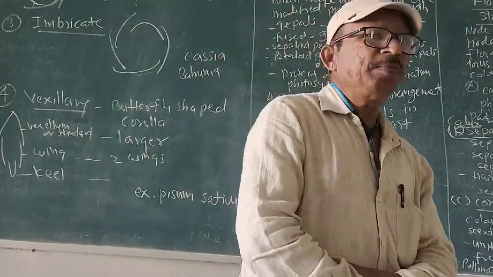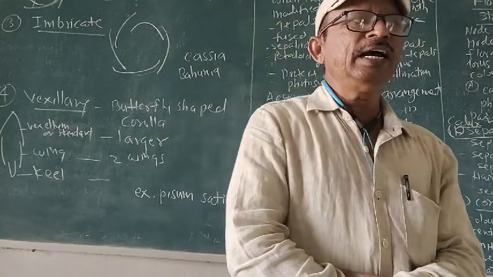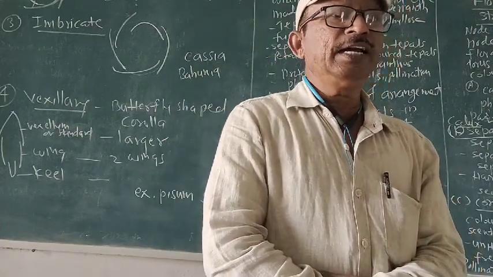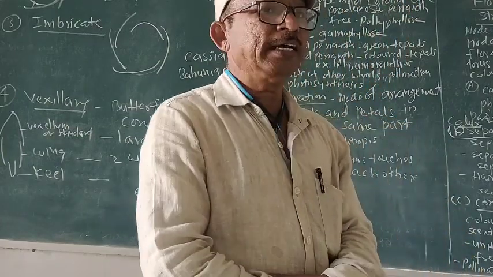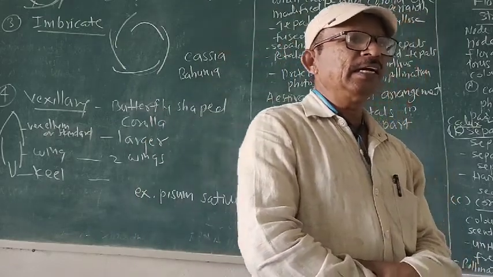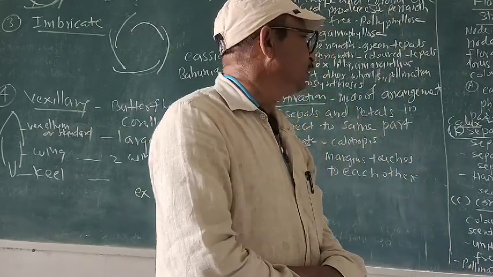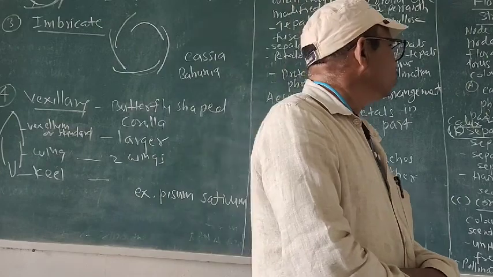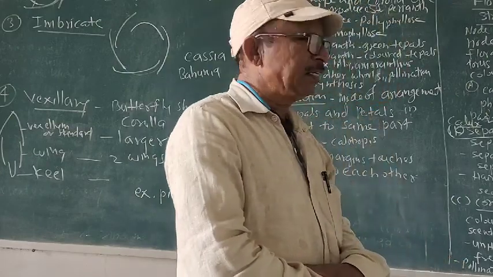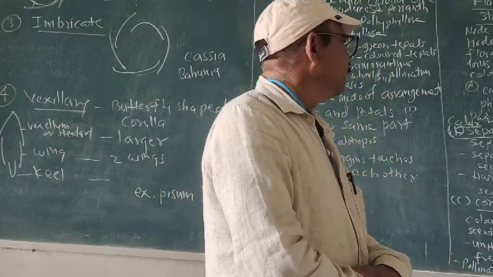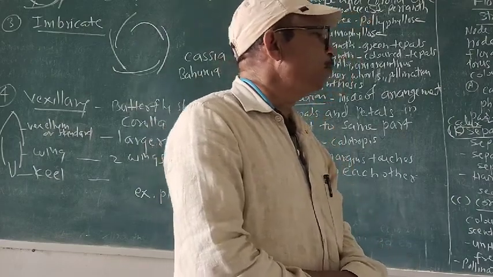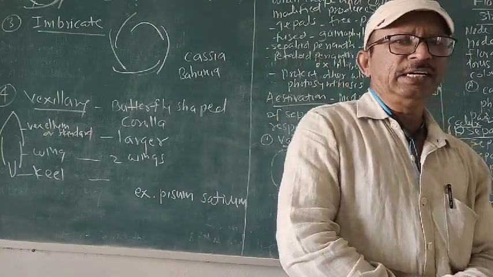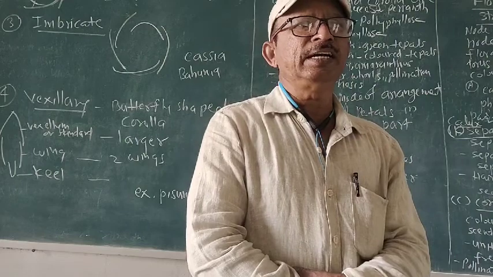When the sepals, we know that generally they are green in color. They are useful to protect the inner part in bud condition. They are green in nature. They are useful in photosynthesis. So when these sepals are united, it is called gamosepalous condition, that we are able to study in China rose.